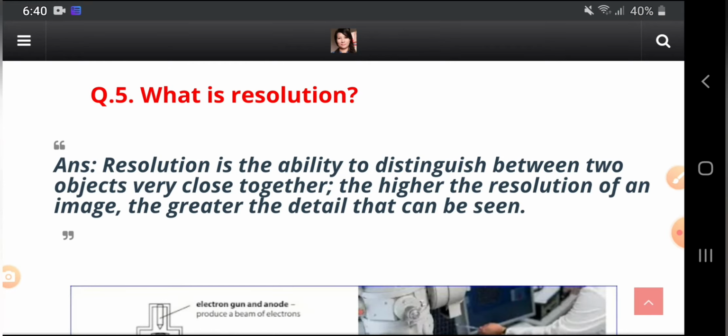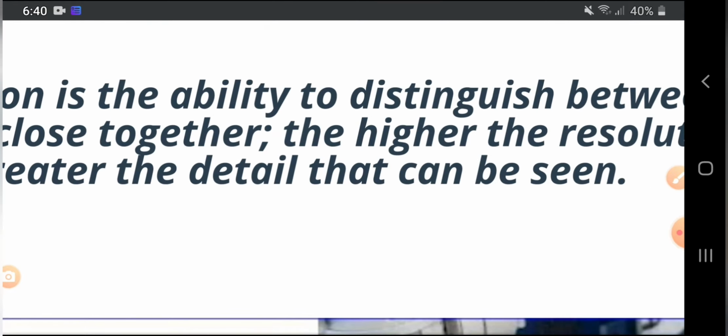What is resolution? That is a very important question. Resolution is the ability to distinguish between two objects very close together. The higher the resolution of an image, the greater the detail that can be seen. If I make it bigger, then you can see it properly, right?